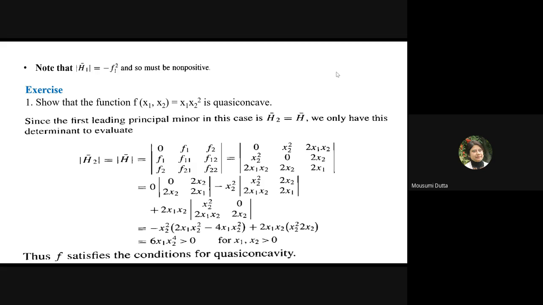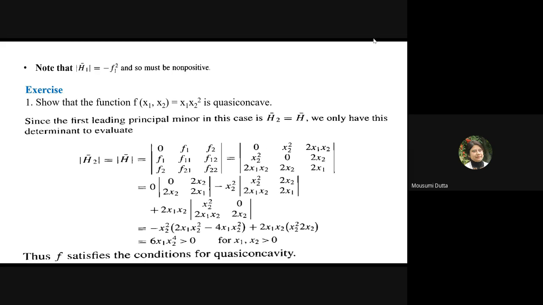Now, there are several exercises. Please do these, because you need to solve several bordered Hessian problems that you didn't do in your last semester. Here there is no economics, just simply to help you learn how to solve the matrix.